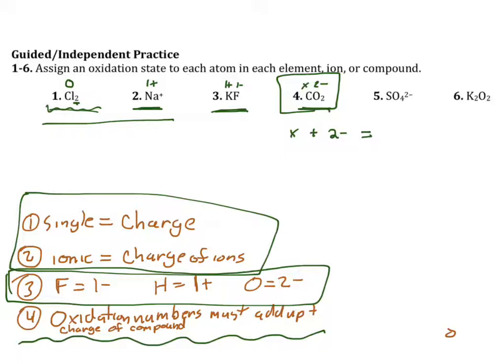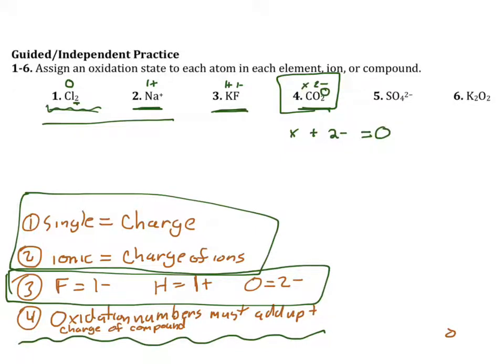If you take a look here, there's nothing there, which means the overall charge is 0. That's compared to maybe this one where the overall charge is 2-. Because this is an overall charge of 0, it must add up to 0.